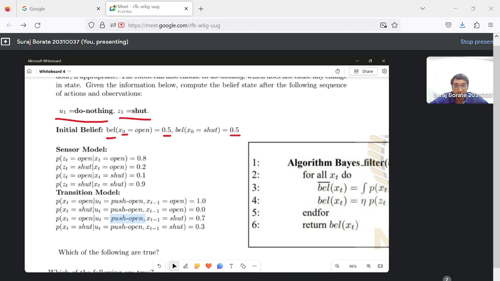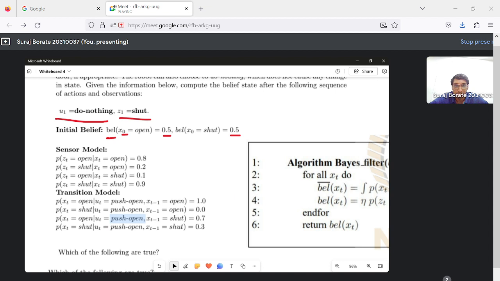We have to do it for both x0 equal to open and x0 equal to shut, because both of these could have happened with different probabilities. We are not sure about our initial state.